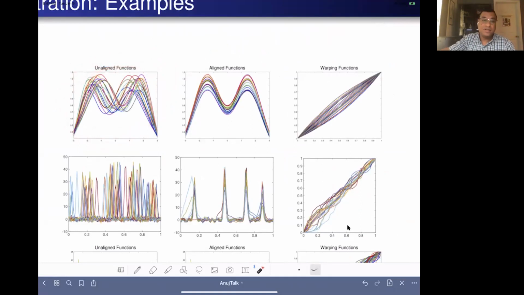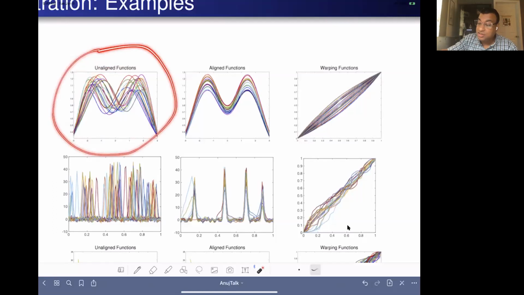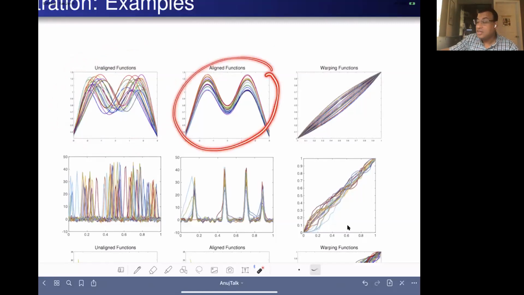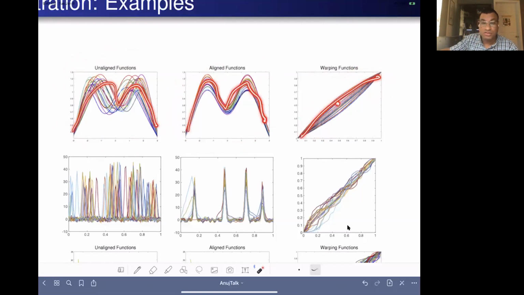If you read the paper, they have very few examples of the actual alignment. Here, this data goes into the program and we get two outputs: one is the aligned set of functions and the other is the time warpings that align these functions. This time warping gets applied to one of the functions to result in the aligned function. So I have 29 or 30 functions here, and these are aligned.